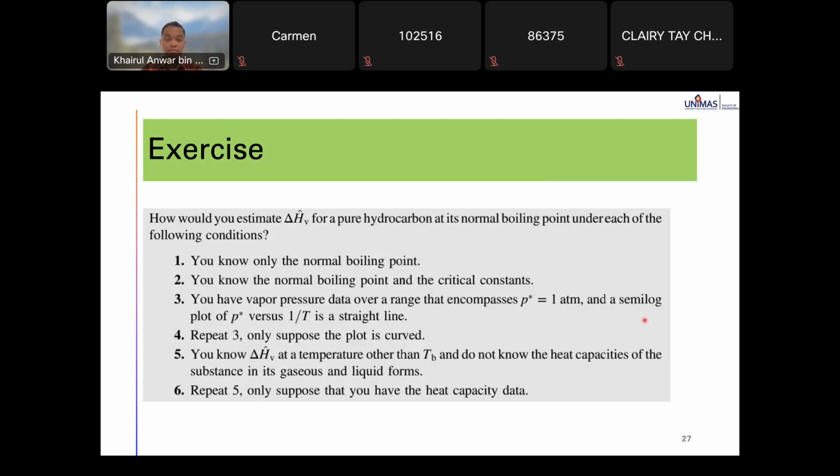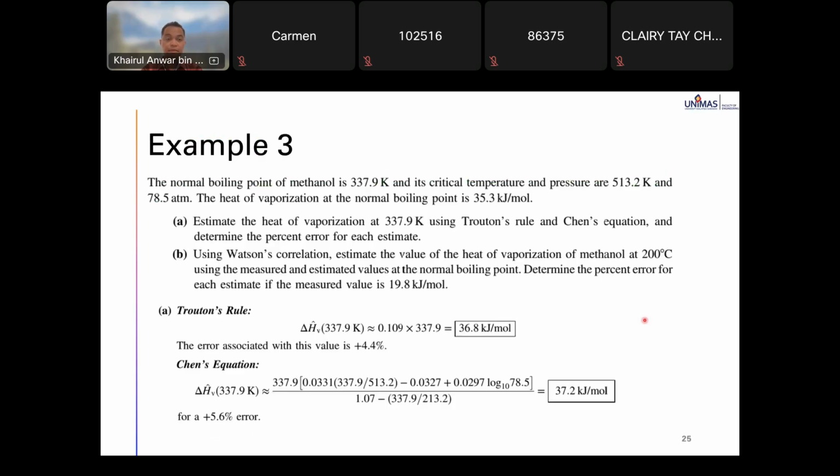Example. Okay, Trouton's rule. The normal boiling point of methanol is 337.9 Kelvin and its critical temperature and pressure are 512.6 Kelvin and 78.5 atm. The heat of vaporization at the normal boiling point is 35.3 kilojoule per mole.